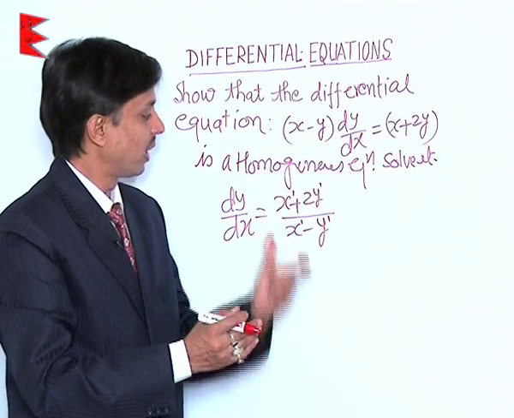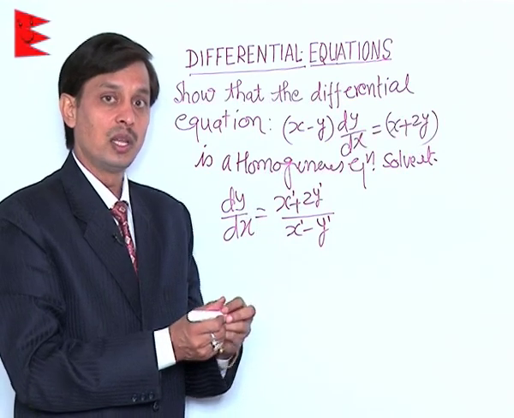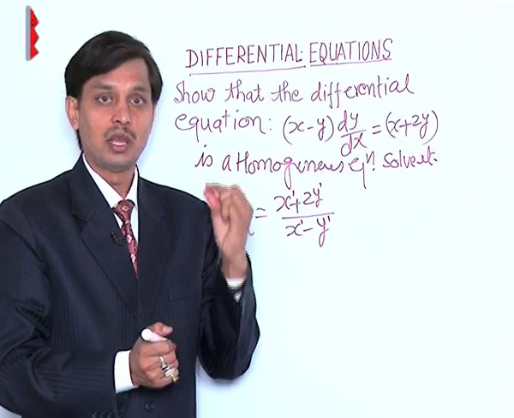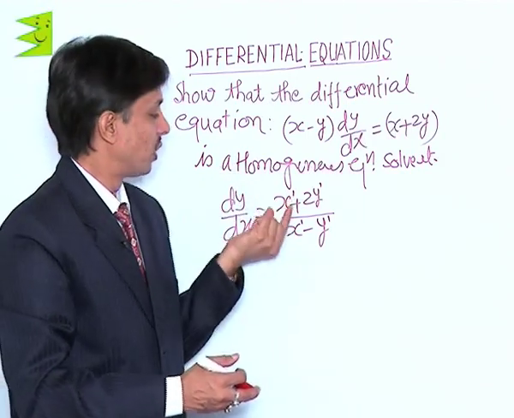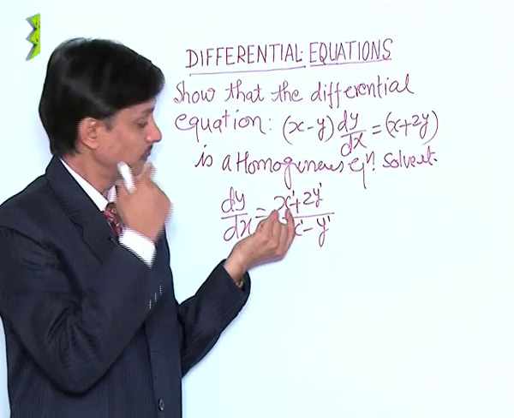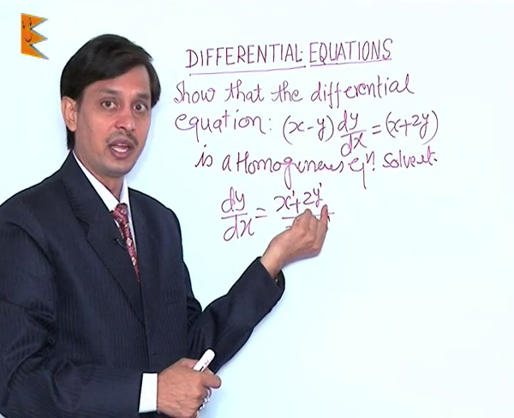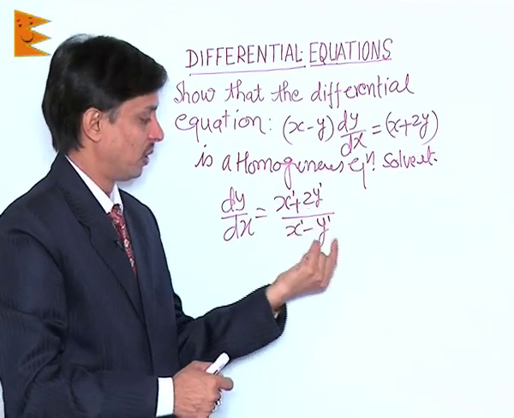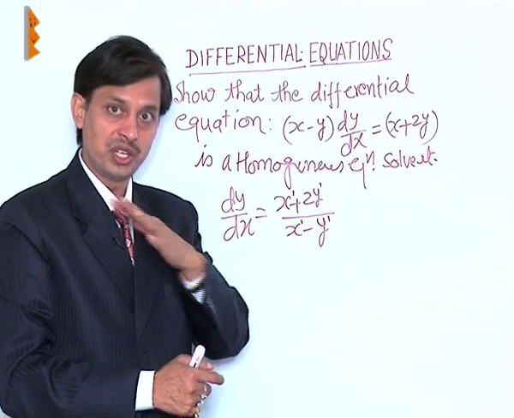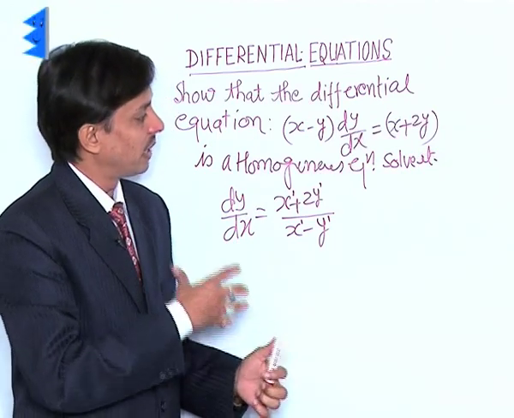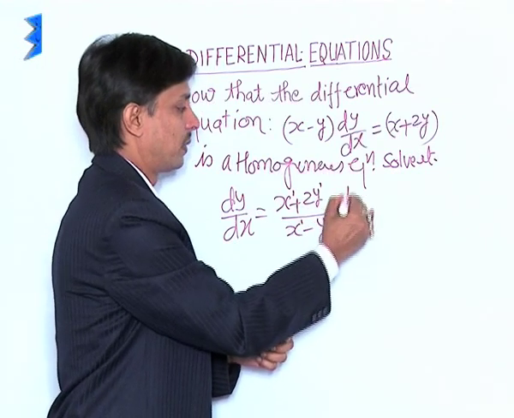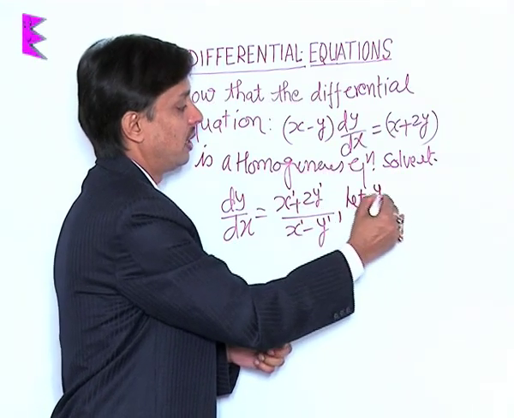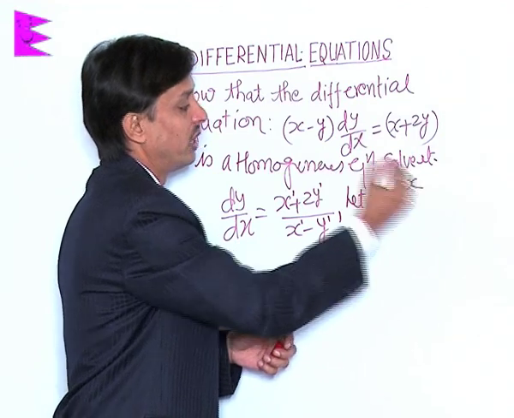So to check whether it is homogeneous or not, each term in the numerator and denominator must have the same power. First term of numerator, power 1. Numerator second term, power 1, and the denominator terms also power 1. So it is homogeneous. Now the method to solve such problems is, we always adopt y is equal to vx.